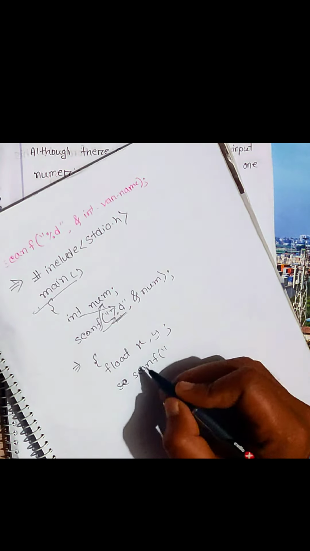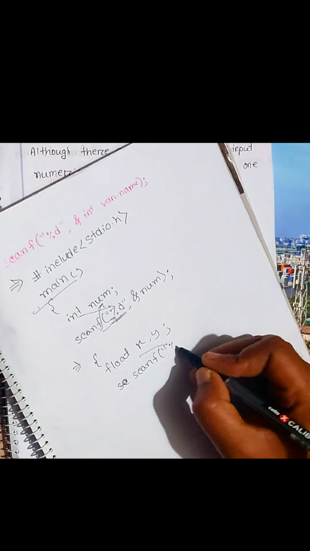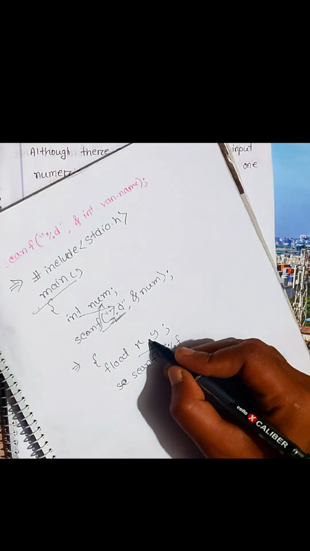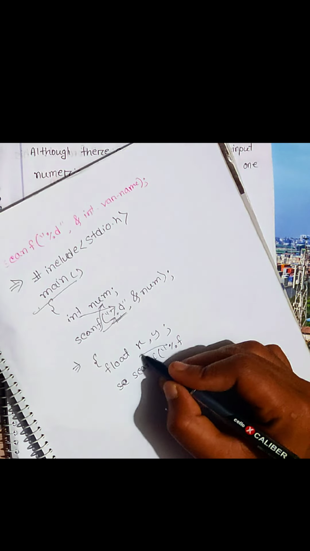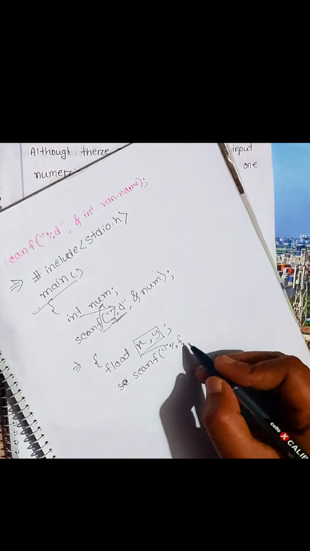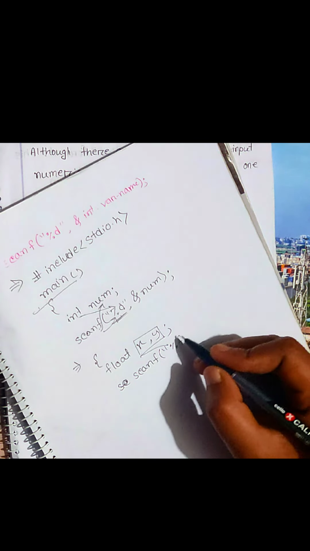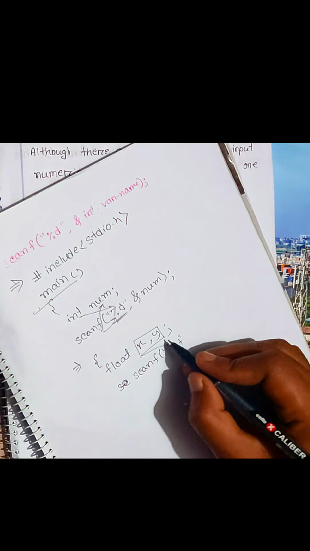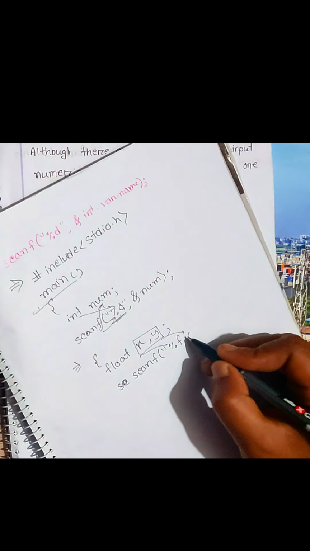For the float you have to use percent f. It's for the first one, and see there are two variables of the same type, so you can use them in one function, there will be no problem. For this one you have to use another percent f.